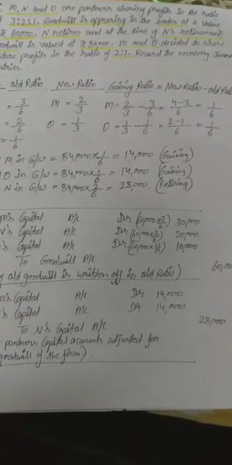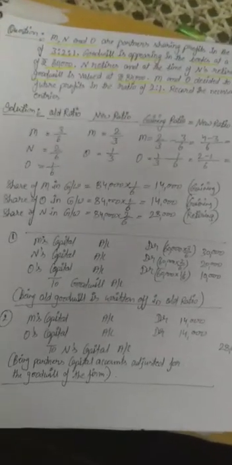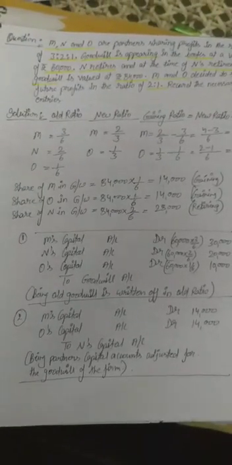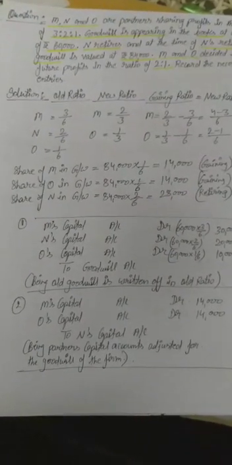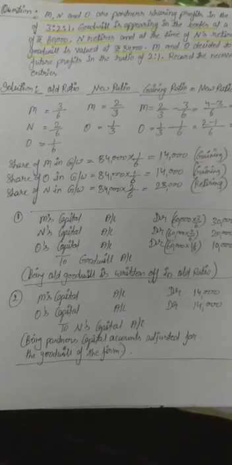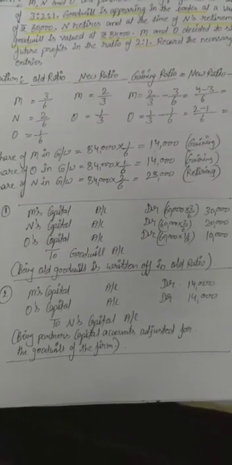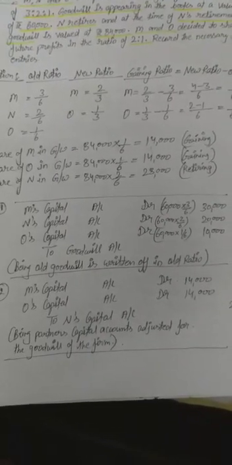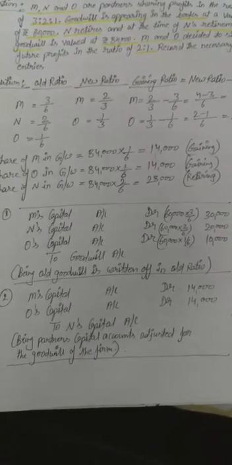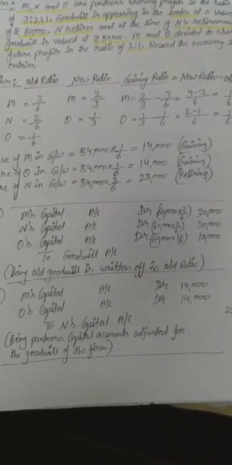Okay, so sometimes one more type of problem can be faced at the time of retirement of a partner related to goodwill. That is, we can say hidden goodwill. It means the goodwill value is not given, so we have to calculate the goodwill according to the situations or the information given in the question.